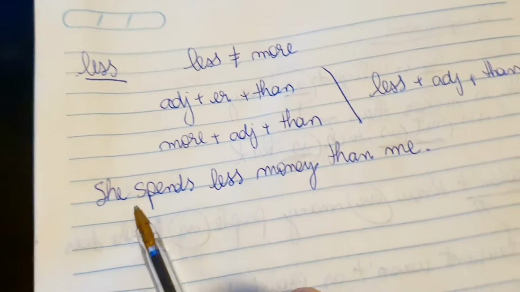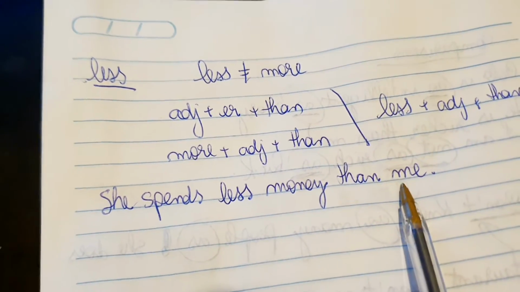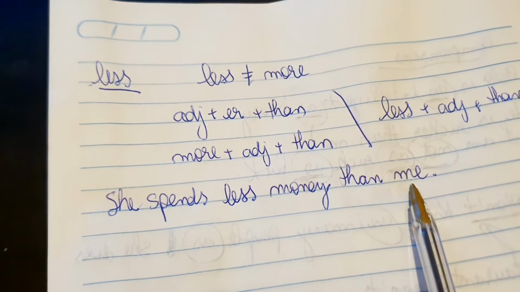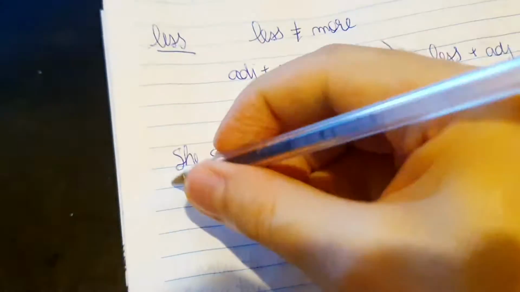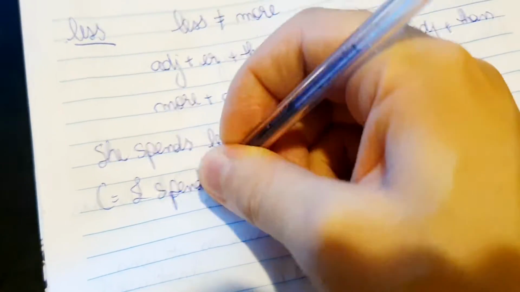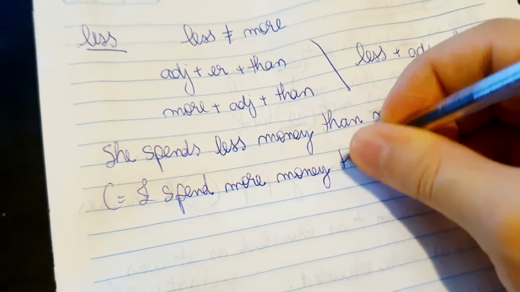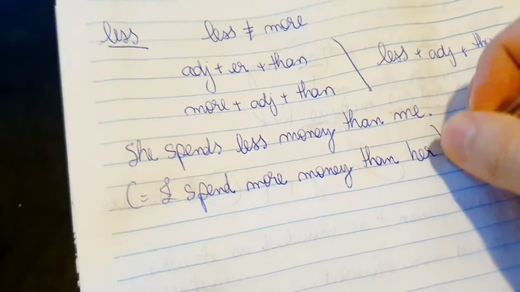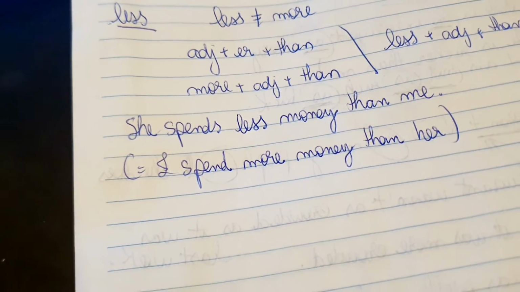Here we have, she spends less money than me. It means that I spend more money than her, okay? It has the same meaning. I spend more money than her. All right?